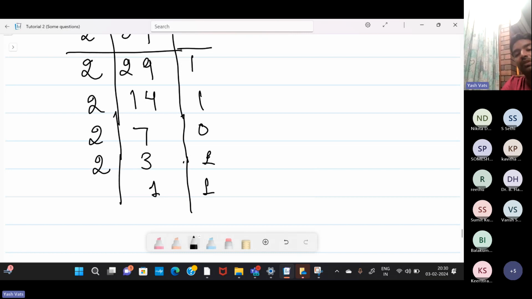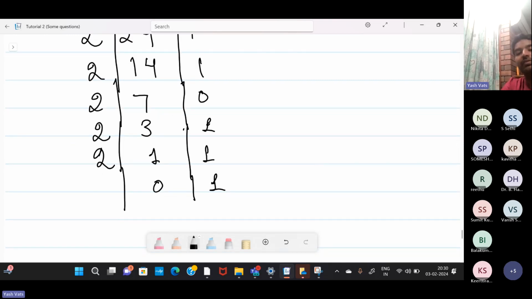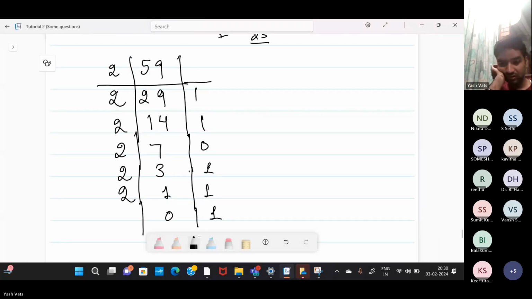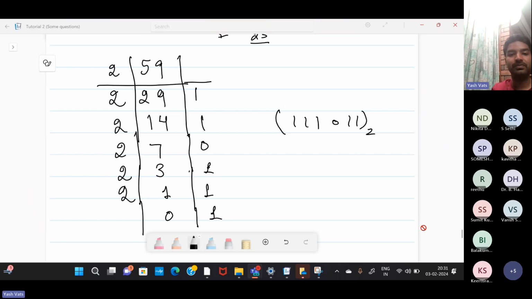What should be the remainder? 1. 2 0s are 0. What should be the remainder? 1. Okay, so is this fine? What should be the number now? 111011. Just check whether it is fine or not.